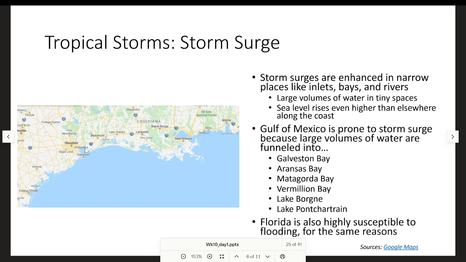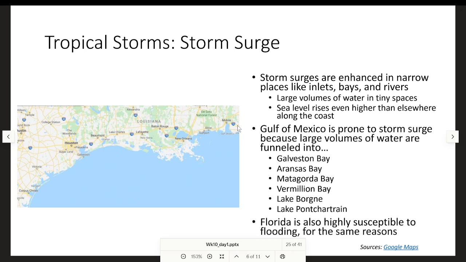So the Galveston Bay, the Aransas Bay, I don't know where that is. Matagorda Bay, Vermilion Bay, Lake Borgne. I'm assuming it's like these. And then Lake Pontchartrain. I still don't know how to spell this word. I always misspell it when I'm trying to spell it.